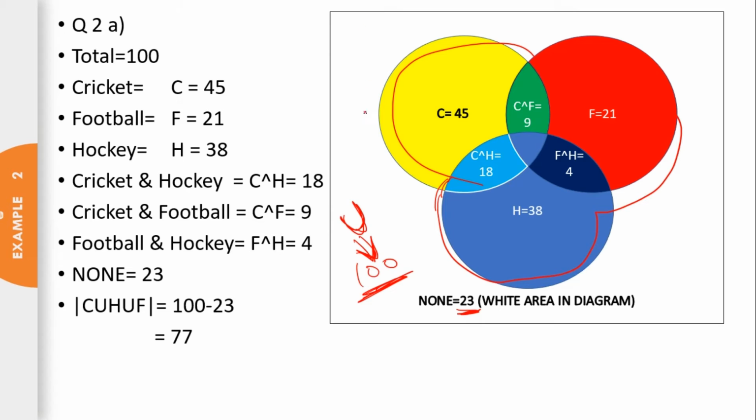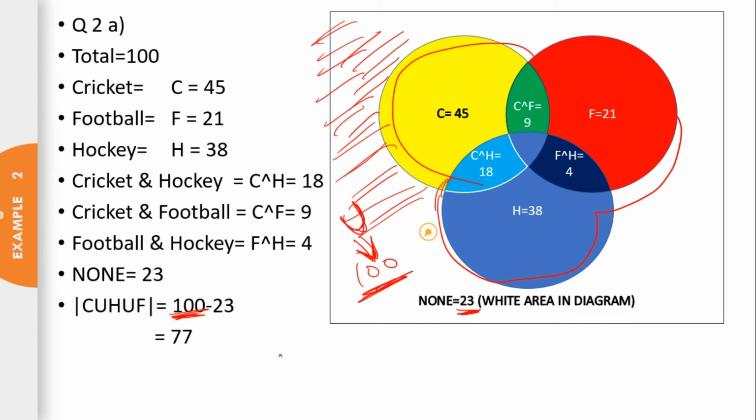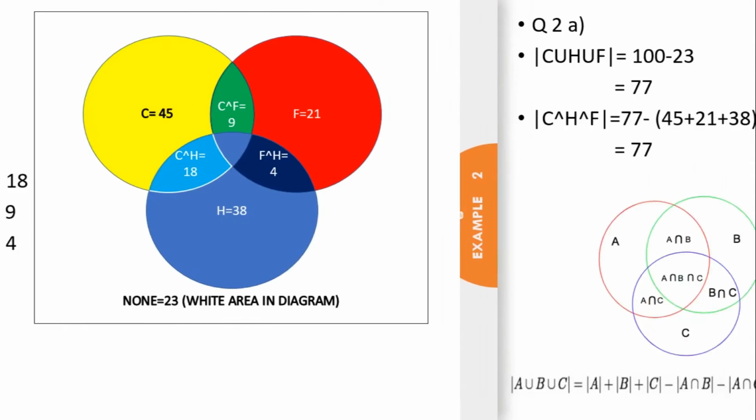That will be the universal set count 100 minus this portion, which is the sportsmen playing none of these games, that is 23. So this portion inside the universal set will be 77. So 77 people are playing either cricket or football or hockey or any of these games.